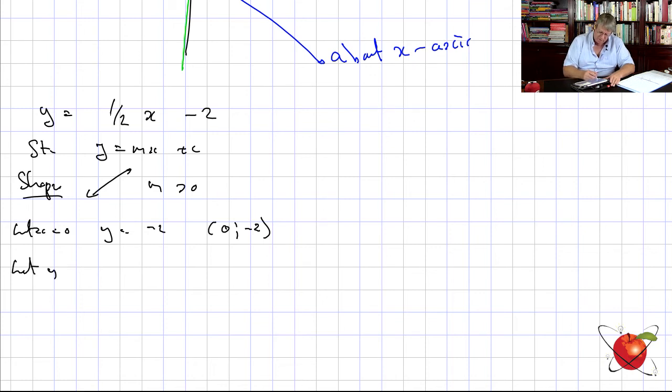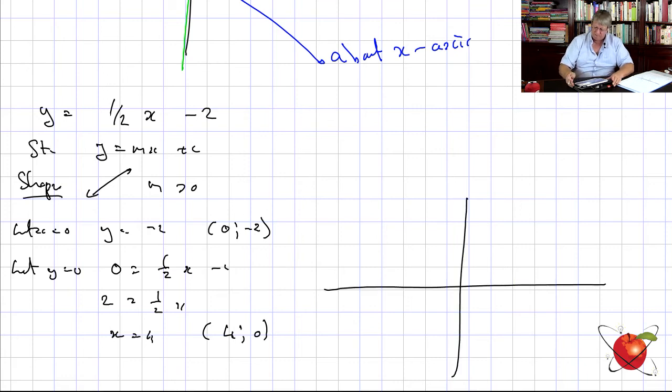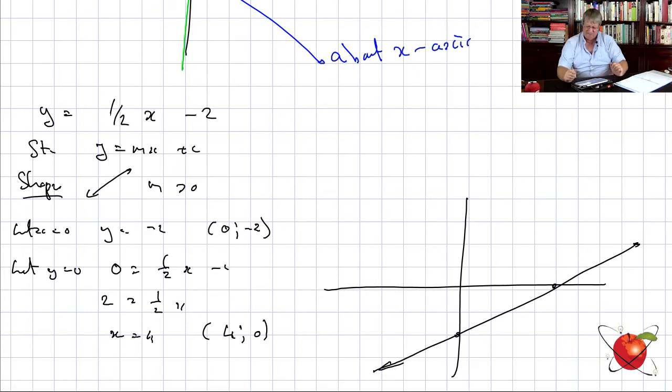Next one, let y equal 0, and we've got 0 is equal to a half x minus 2, so 2 is equal to a half x, x equals 4. Right, coordinate 4 and 0, and let us go forth and plot. So we've got 4 and 0, and minus 2, so our graph is over there like that, okay? And we've got our points, now we put them in, 4 and 0, and over here we've got this guy here as 0 and minus 2.